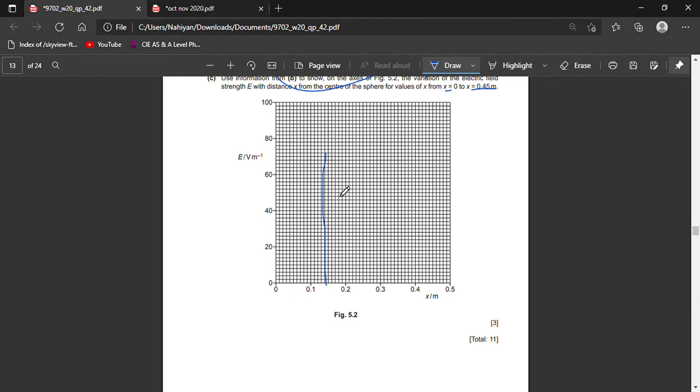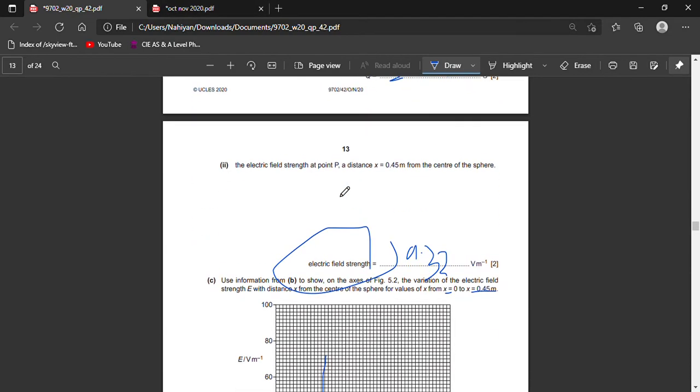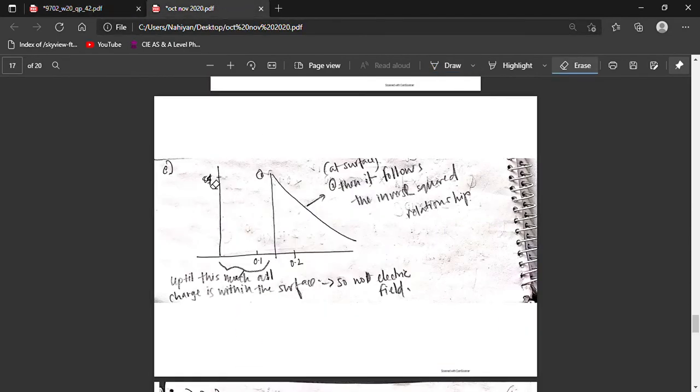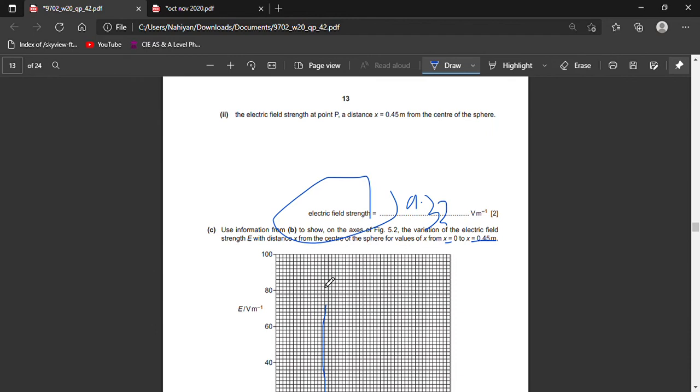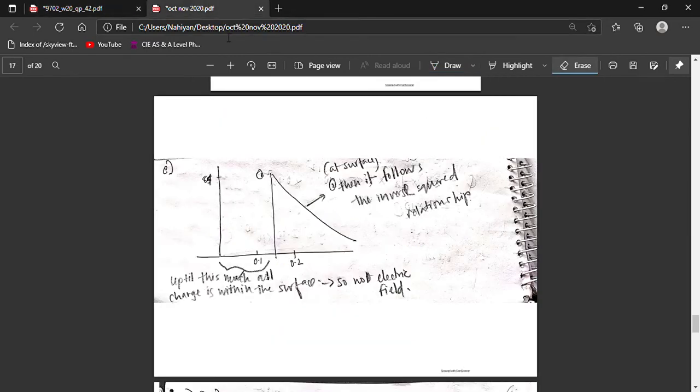We have found the what? So it rises up to 84, and the relationship it follows, it decreases, but it decreases at an inverse square relationship, because it's 1 by r squared.